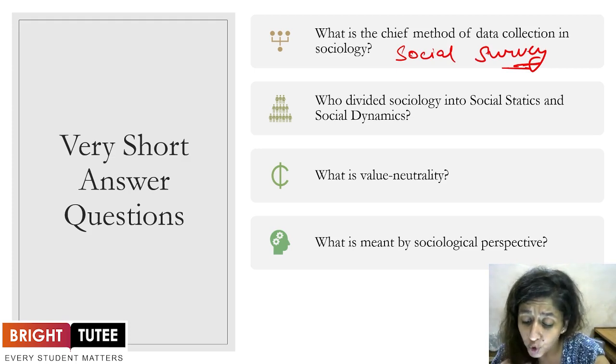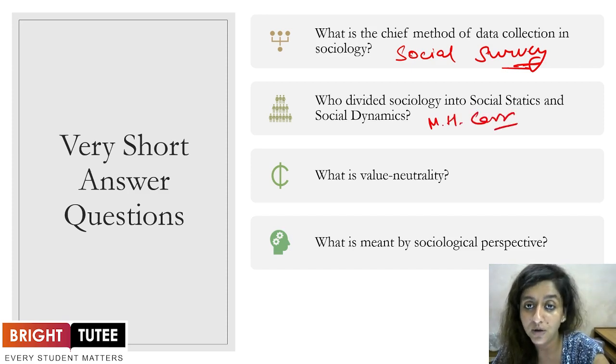Moving on to who divided sociology into social statistics and social dynamics, we discussed this in the previous video. It was M.H. Carr who did it.